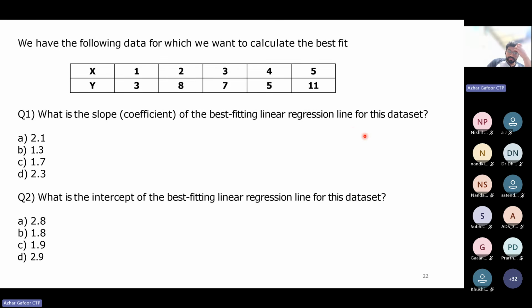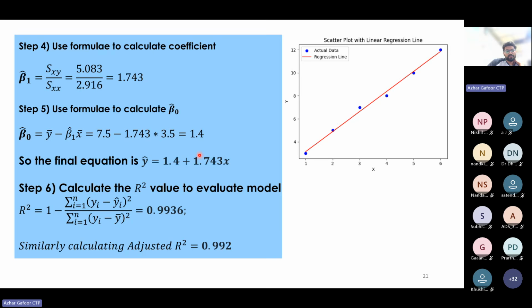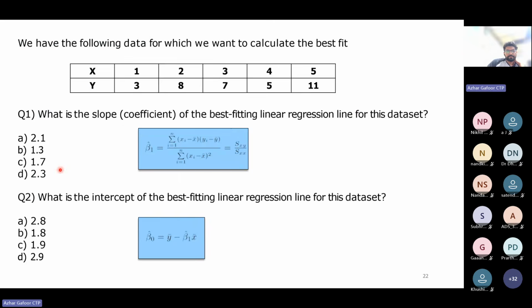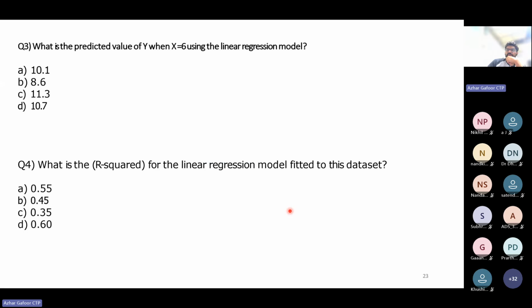So based on the last question, what is the slope of the best fitted linear regression line? The slope is given by 1.73. So here we have the equations which can be used to find the solution.